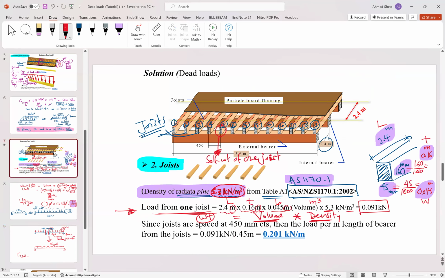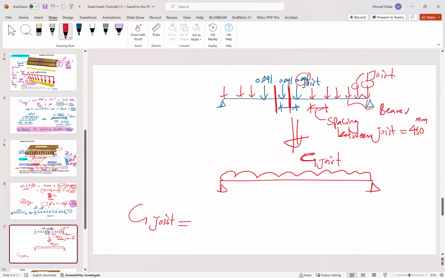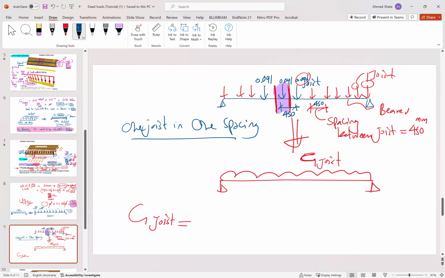So if we look here, the distance between any two joists is 450 millimeter. If we take any distance of 450 millimeter, this is the spacing. How many joists are in one spacing? One joist in one spacing. So all the time we have one joist in one spacing, so we can use this distance to distribute the load.